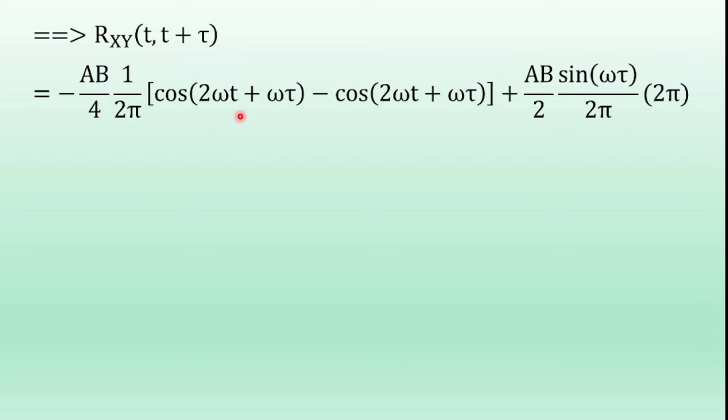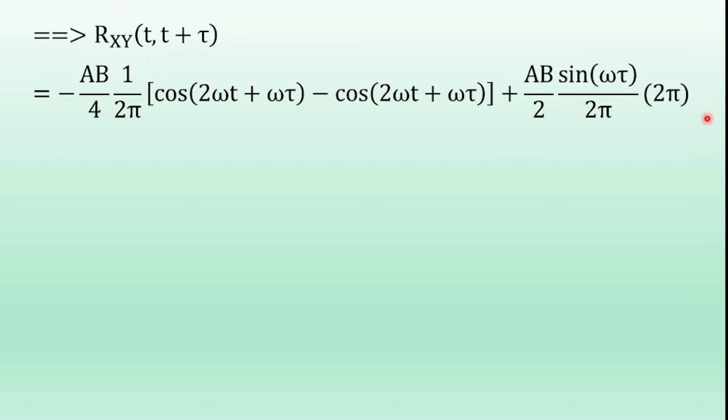Cos of 4 pi plus 2 omega t plus omega tau is cos of 2 omega t plus omega tau, minus the second term, substituting the lower value of theta, that is theta equal to 0, in the first term, the value is cos of 2 omega t plus omega tau. So one is the plus term and the other is the negative term, so these two terms cancel. The term within the bracket is 0, plus ab by 2 into sine of omega tau by 2 pi.